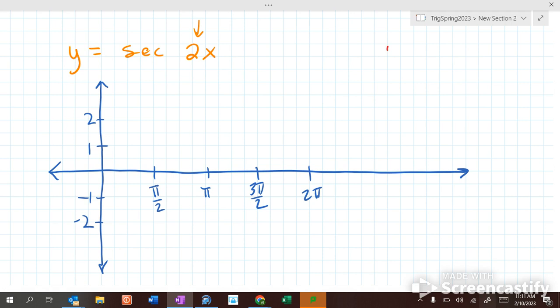So let's graph y equals cosine of x first. Where does cosine of x start? 0, 1. And then pi over 2, 0. Pi, negative 1. 3 pi over 2, 0. 2 pi, 1.